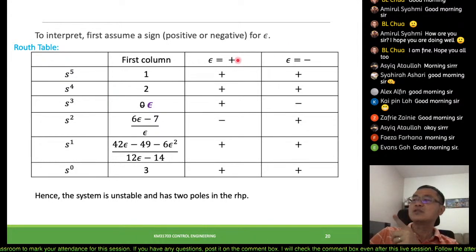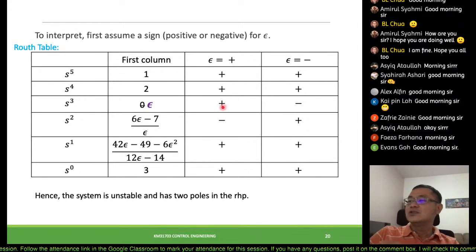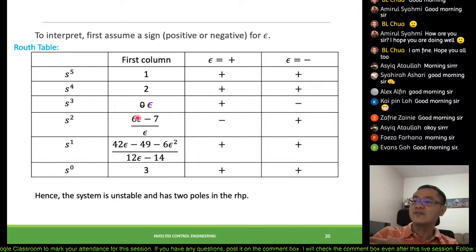Okay, so let's say we take the epsilon value as positive, then we see that 1 is positive, 2 is positive. Epsilon value, we take it near to maybe positive 0.001, still positive. Then if we put this value as positive, let's say positive 1, you can assign a value to it in order to identify what the sign is, right?